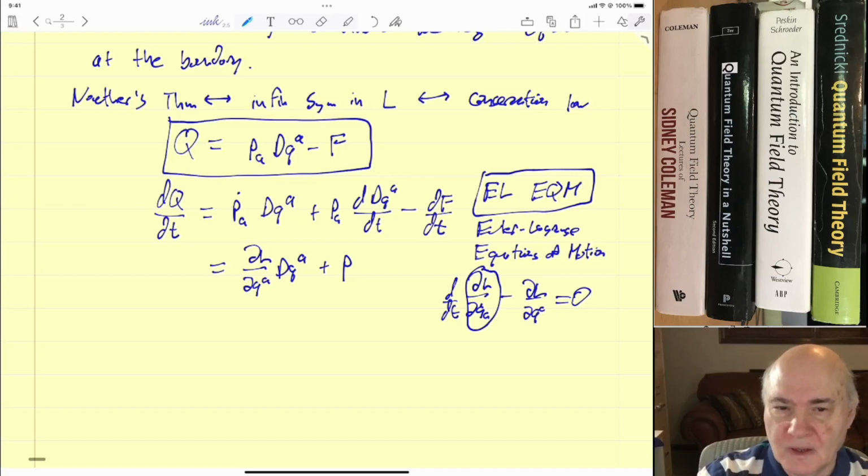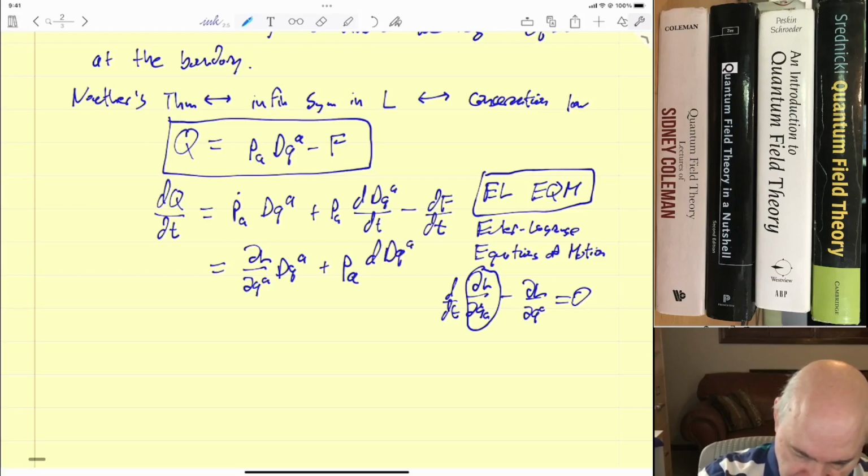So we define a symmetry as being something where the Lagrangian doesn't change regardless of the equations of motion. But then in proving Noether's theorem, we use the equations of motion. So now I have plus PA d delta QA/dt minus dF/dt.